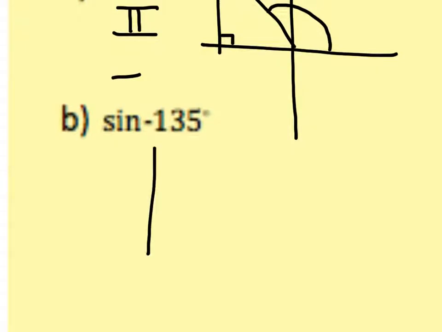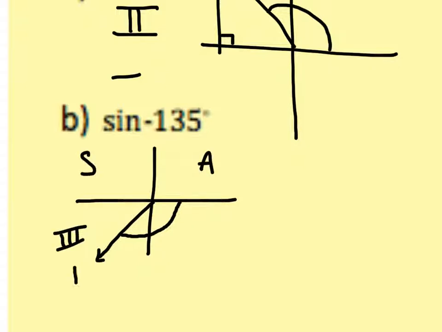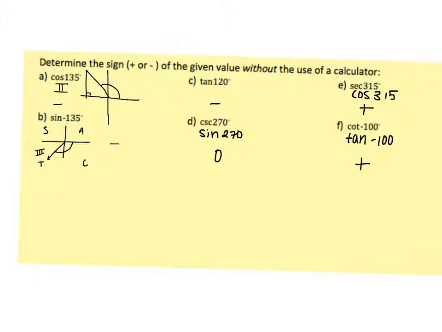So sine of -135, so again I'm going down because it's negative, and I'll land in the third quadrant. So all students take calc. So the take means tangent is only positive, so that means sine in the third quadrant is going to be negative. Okay, go ahead and try the next 4. Alright, and there are your answers.